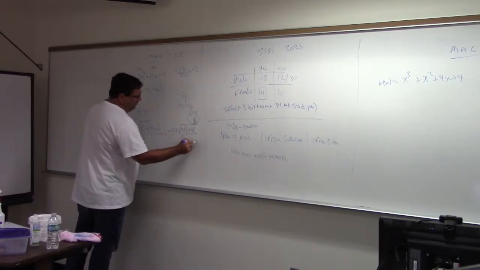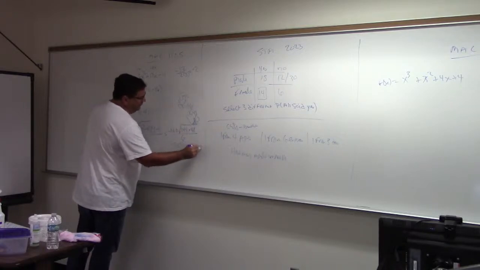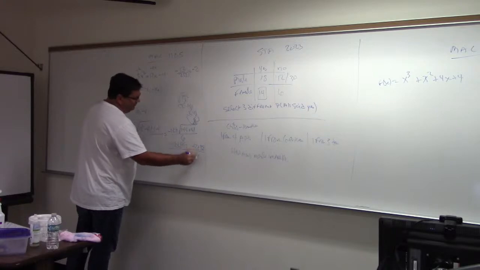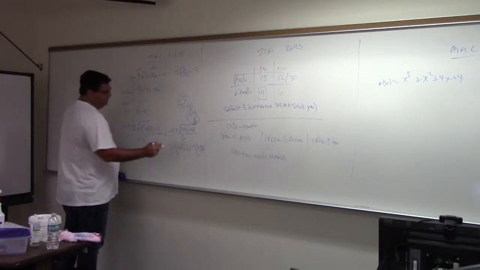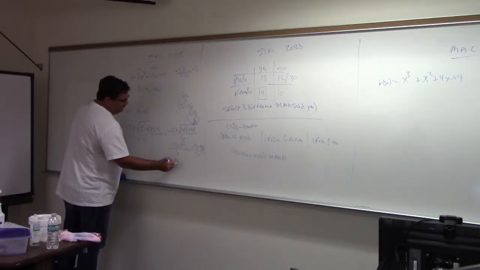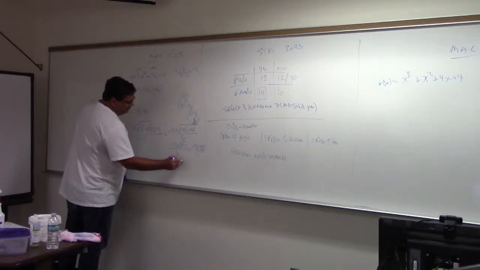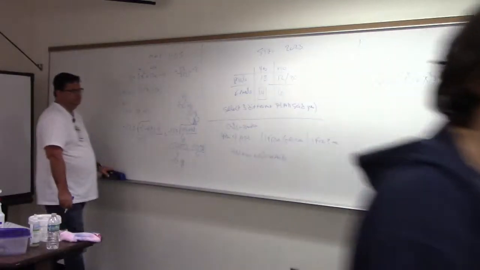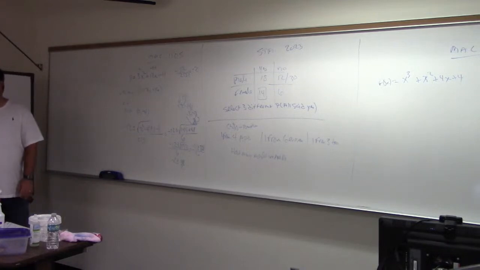So this becomes negative 12 plus or minus 8 square roots of 3 over 6, which is negative 2 plus or minus 4 square roots of 3 over 2. All right. Okay, now I could say I got it. All right, good. Any questions on that?